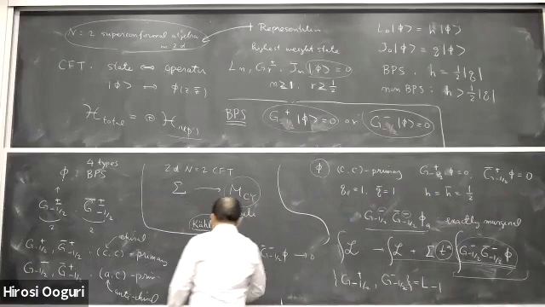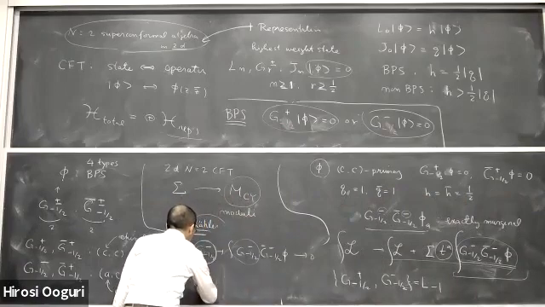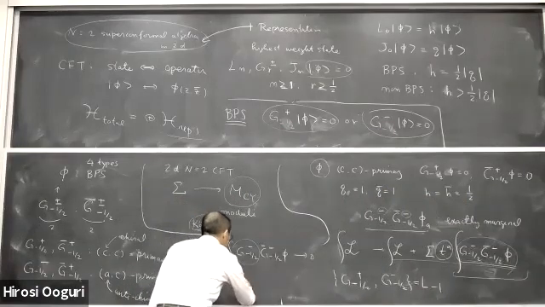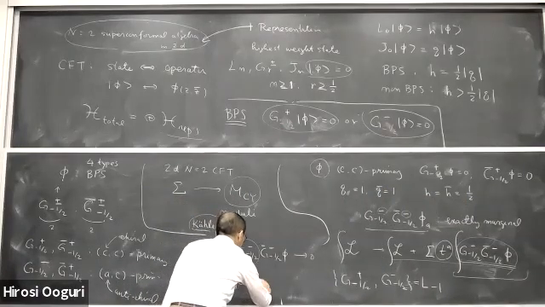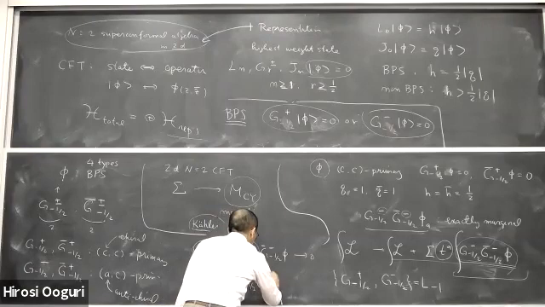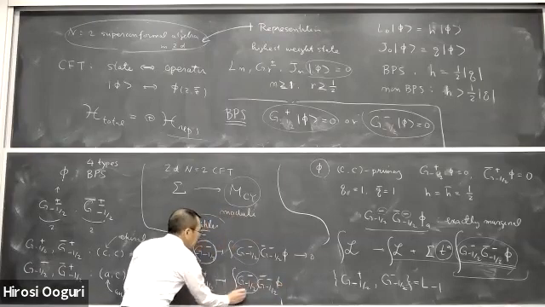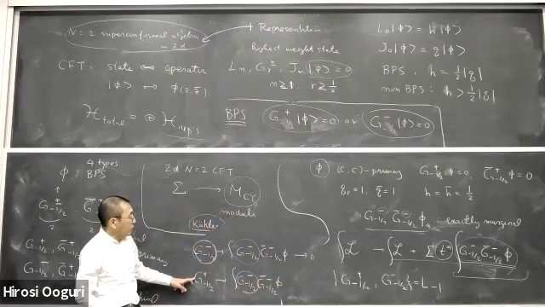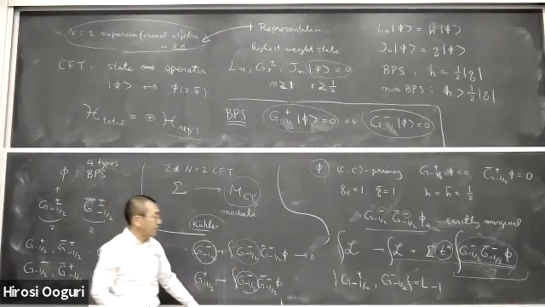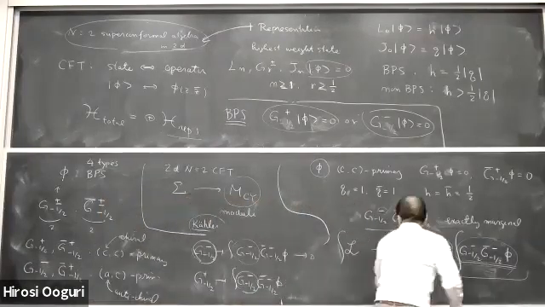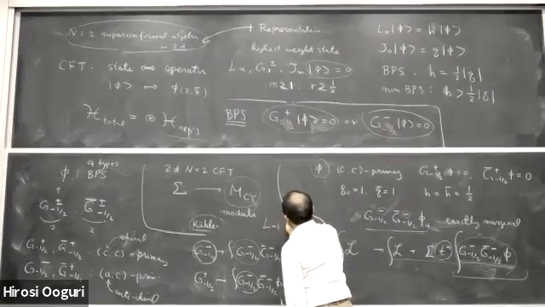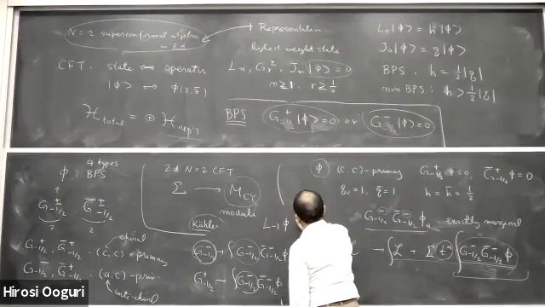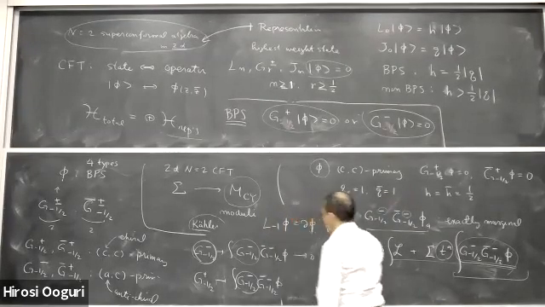So that means that if you act G plus or minus 1/2 on this one, then this supercharge combined with this becomes L minus 1. And L minus 1 acting on the primary states is actually a derivative operator.